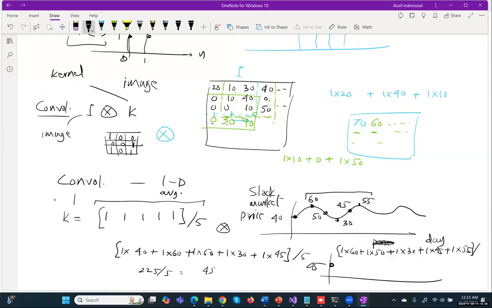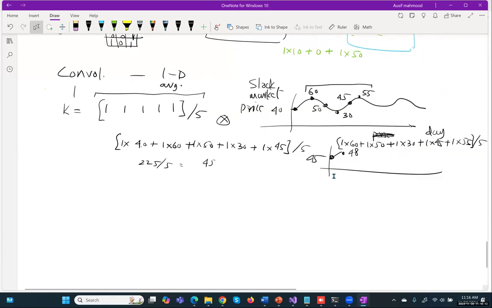So what will be the second value it will produce? 60 plus 50 is 110, 140, 185, and 240. 240 divided by 5 will be 48, if my math is right. So anyway, you can see this is the second value this kernel produced, right? Similarly, we can keep going and multiplying.